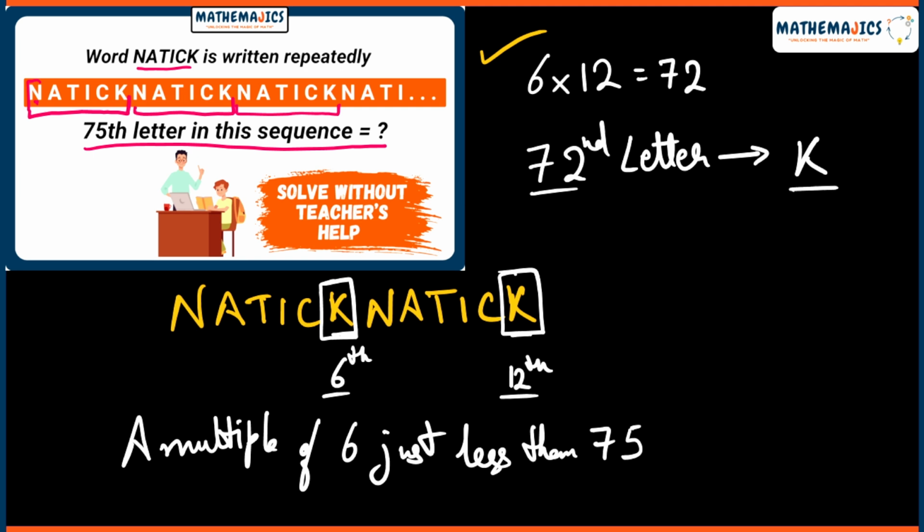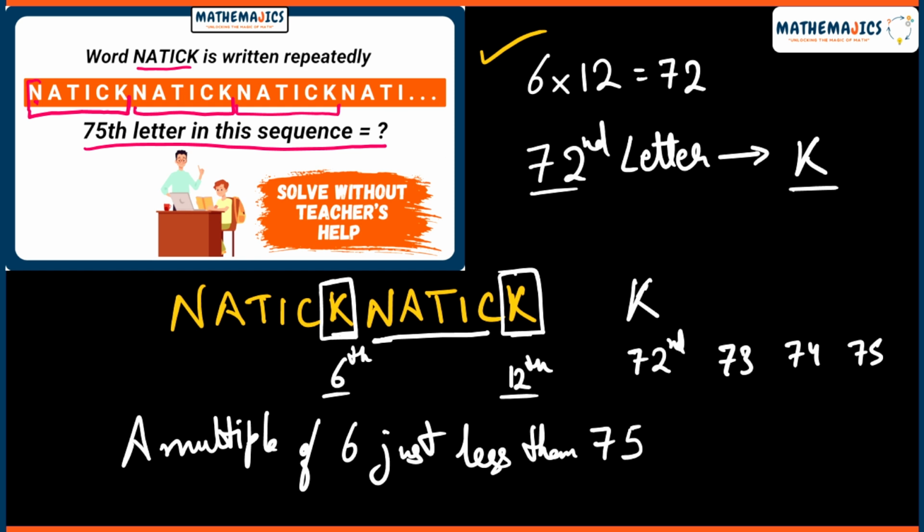If the 72nd letter is K, what will be the 73rd, the 74th, and the 75th letter? After K, we will start with N again. After every K, we are starting with the same word, NATICK, right?